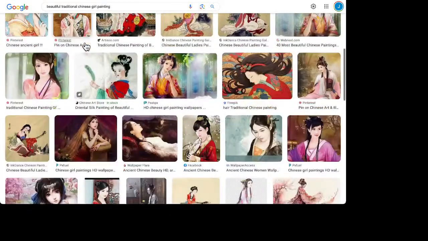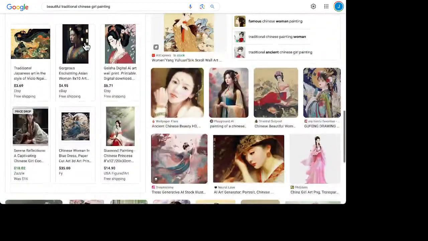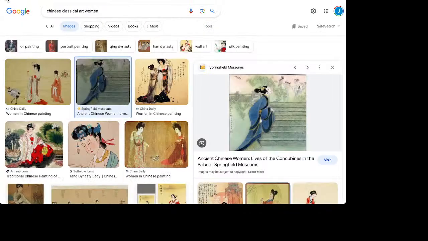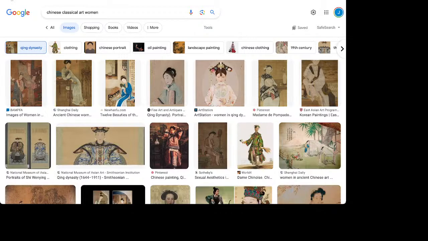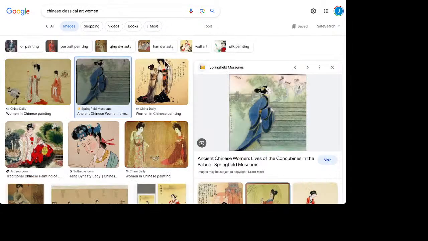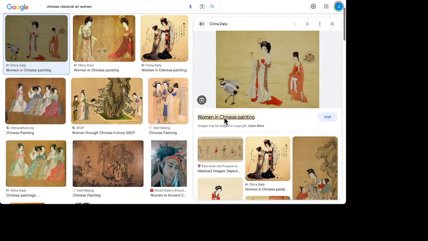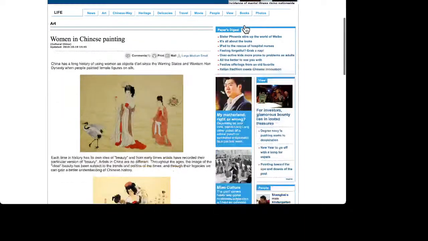Yeah, these are not historical images. Dang it. Let's see what we can find. Let's try this page.